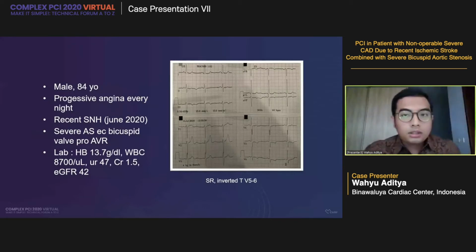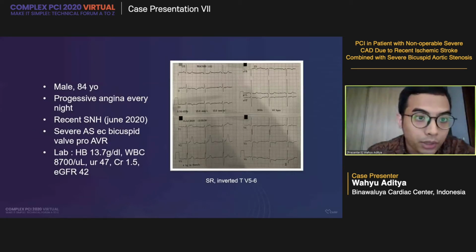This is my case: a male, 84 years old, with progressive angina every night and a recent non-hemorrhagic stroke in June 2020. He came to our hospital with severe aortic stenosis because of a bicuspid valve, for aortic valve replacement.